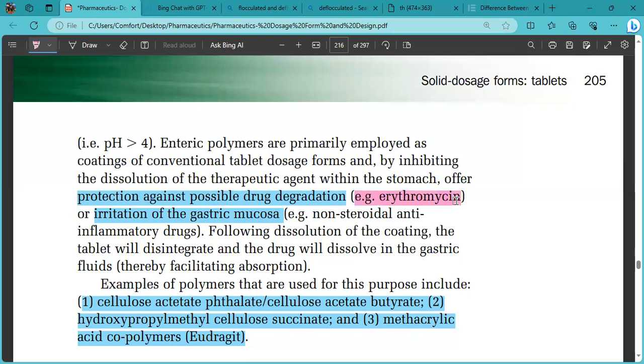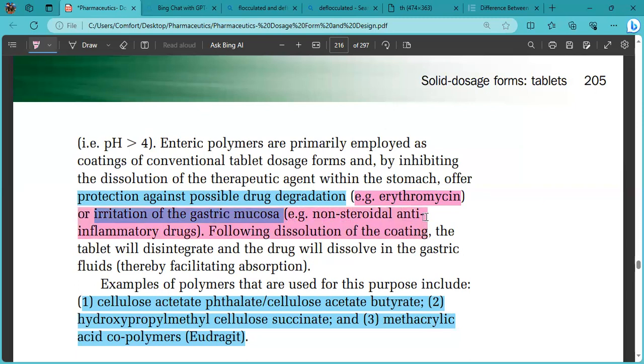Or the drugs that you're administering are very irritant to the stomach mucosa. To avoid this irritation, you coat them so that they pass through without being exposed to the stomach walls, and then they're released in the intestines where they will not have this irritant effect.